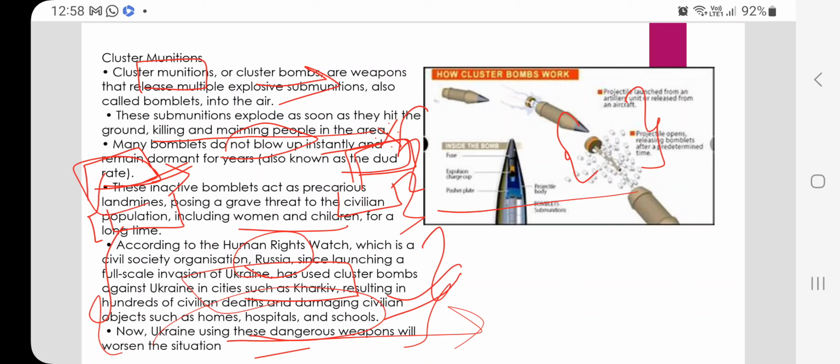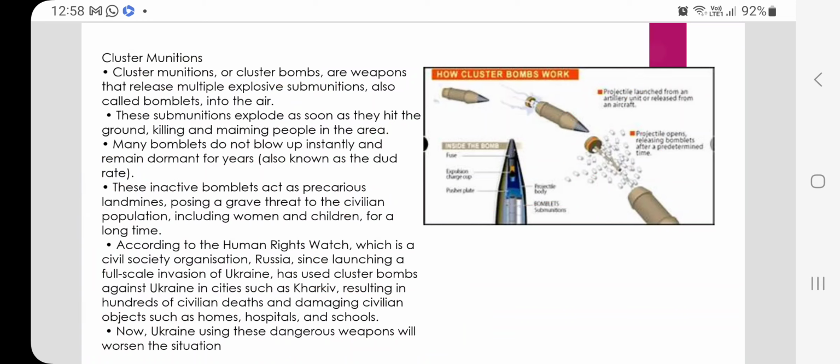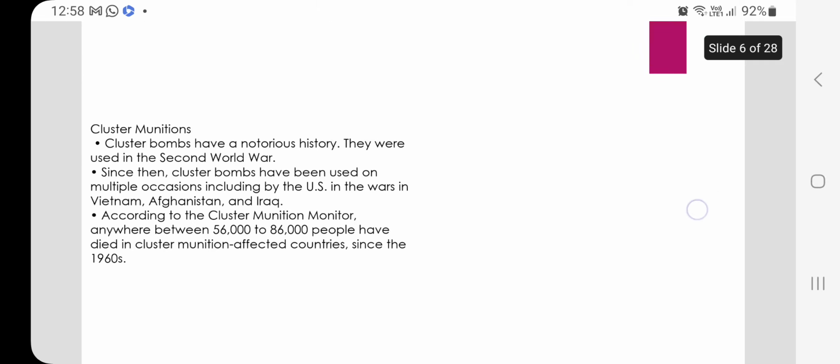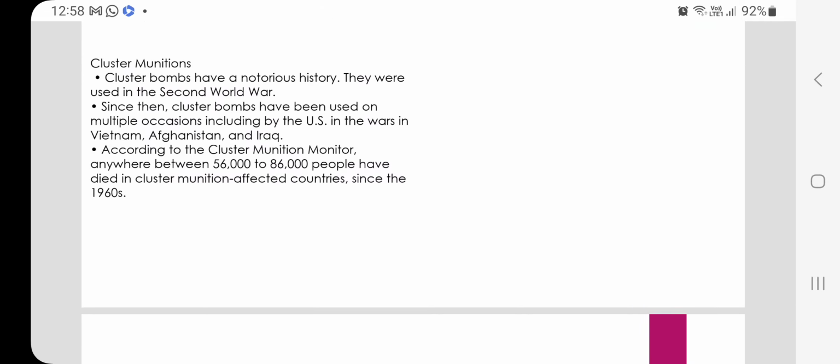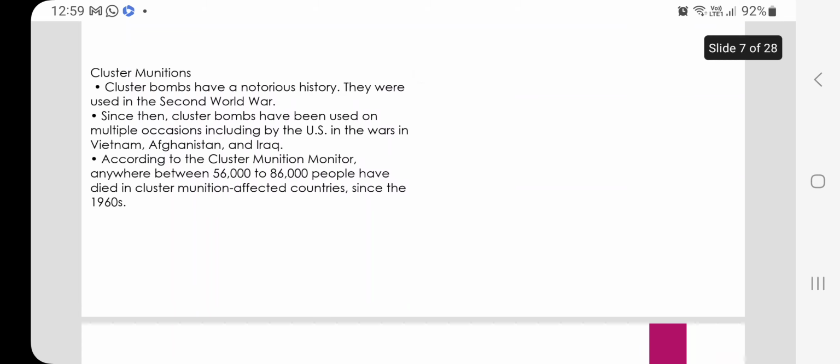So that's why the writer takes a balanced stand on the issue, and he is calling for complete elimination of cluster munitions in the world. Yes, Russia has already used this kind of deadly bombs, but the US supplying them to Ukraine heightens the issue. The writer is calling for complete elimination of cluster munitions.